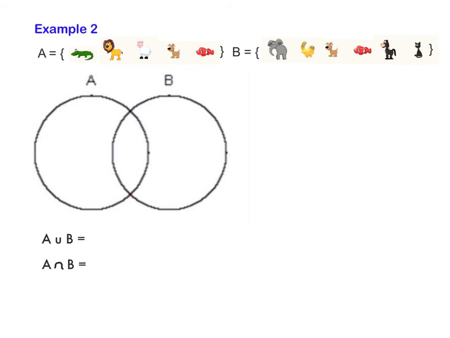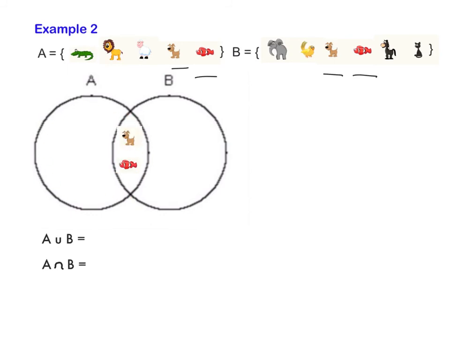Do we have any common elements, the same animals, in set A and in set B? We have fish and a dog. Yes, that's it. So we need to place them in the middle part, in the intersection.